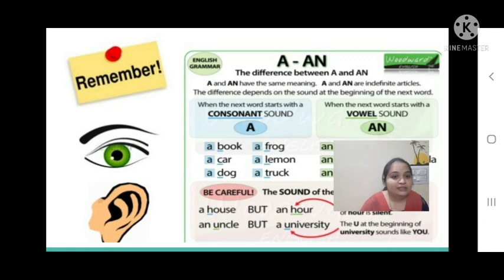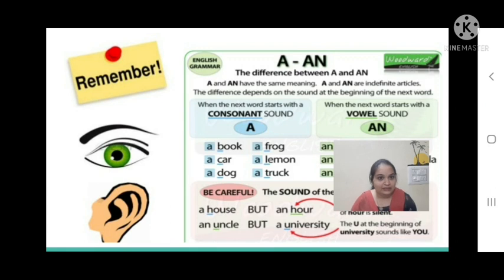What makes the difference is the sound at the beginning of the next word. When the first letter of the next word has a consonant sound, we use a, and when it has a vowel sound, we use an.